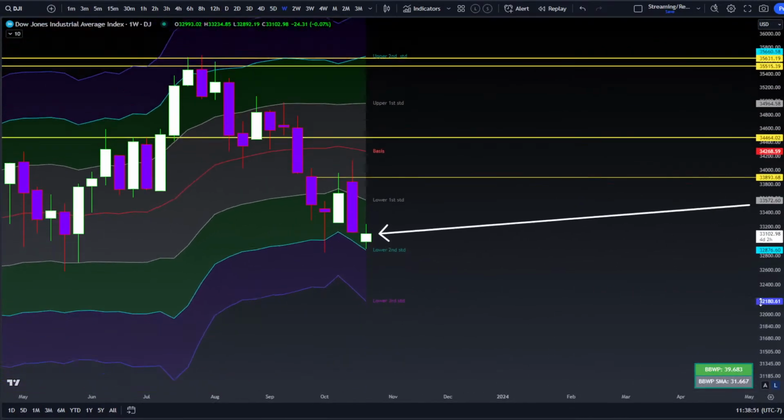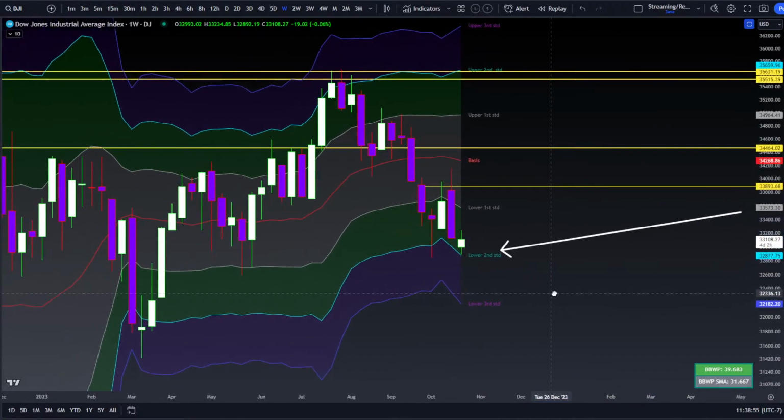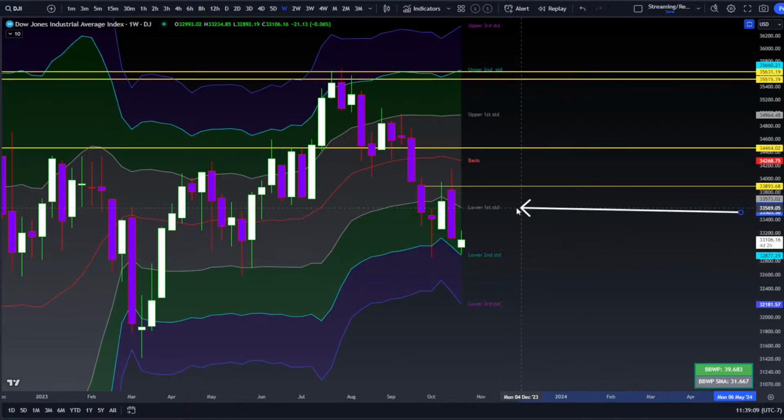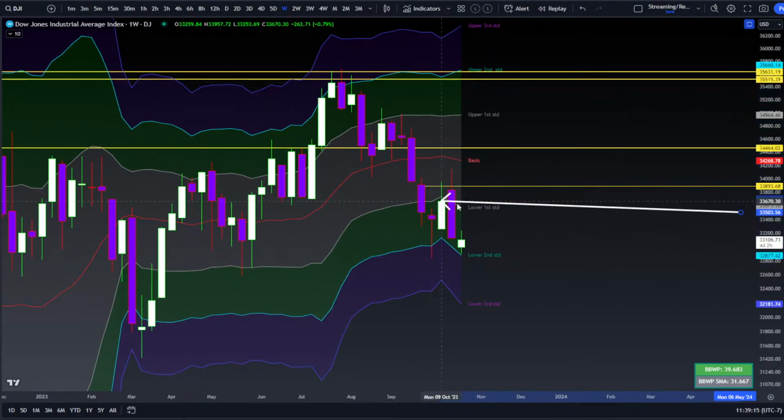This is also a big area for reversals on the weekly, which is the lower second standard deviation. Now, to be fair, this does not rule out a test of the current wick low at 32,850 because the lower second is currently at 32,877, and it is getting expansion to the downside, but a lot of this is still residual expansion catching up from this high to low spike.